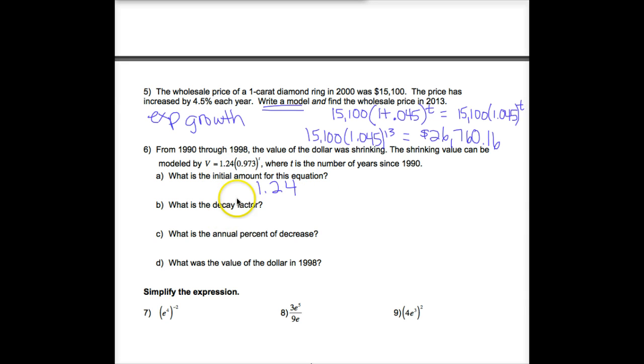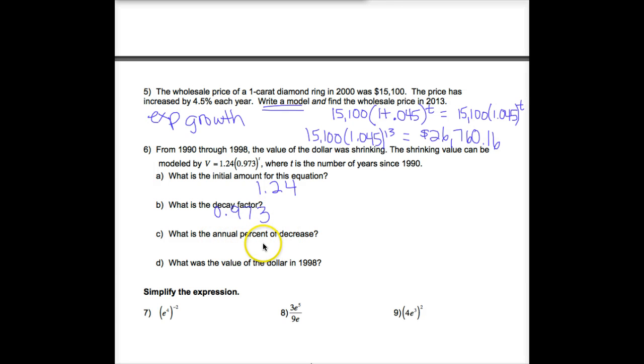What's the decay factor? Again, you're only going to know this if you've studied your notes. It says in all of the notes what each of the pieces stand for. The decay factor is whatever the base is. So 0.973. Now, what that means is 97.3% is how much of its original value it was worth after each year, if that makes any sense.